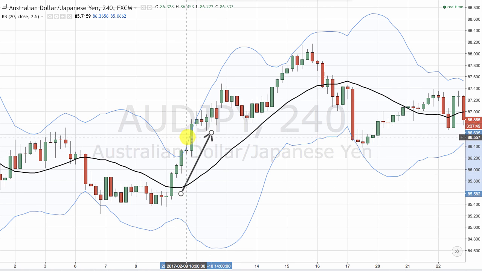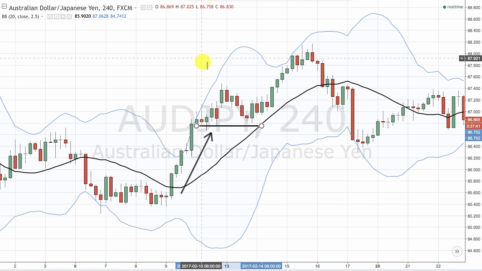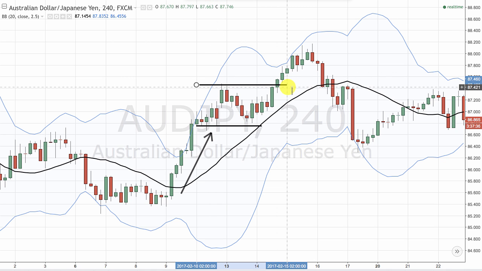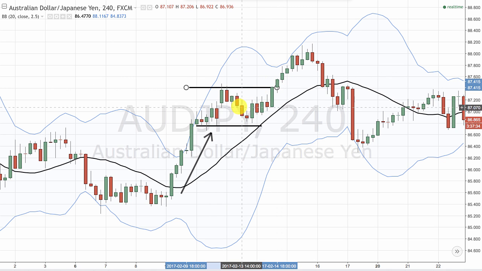We did not have any bearish bars at all, just green bars going up. Then at this point we did have a consolidation, which is normal after a trend wave. Very often price enters such a sideways market. It gives the buyers and the sellers some time to make up their mind. Will price reverse? Will we go up?